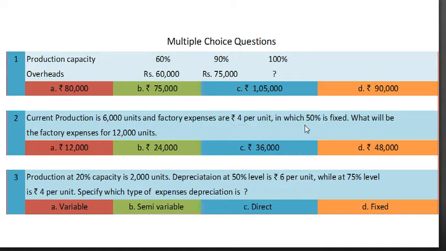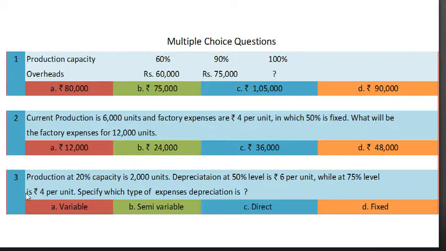Out of 24,000, 50% is fixed, that is 12,000. So per unit rupees 2 is variable. So 2 multiplied by 12,000 units would be 24,000. 24,000 variable plus 12,000 fixed, that amounts to rupees 36,000. So our correct option is C, 36,000.